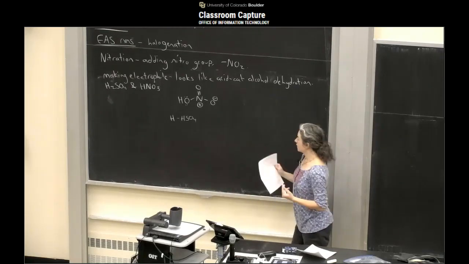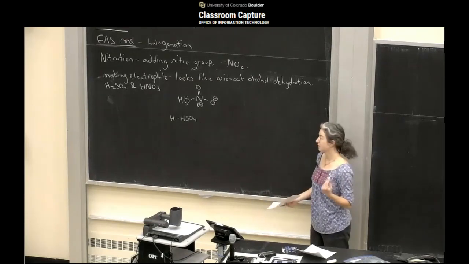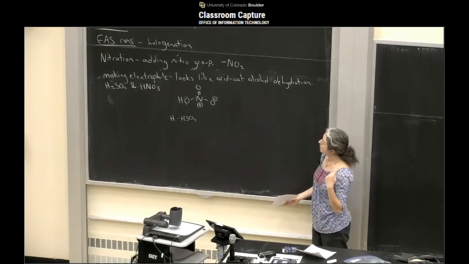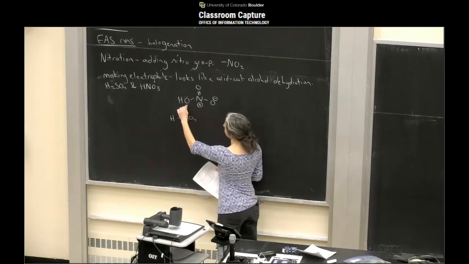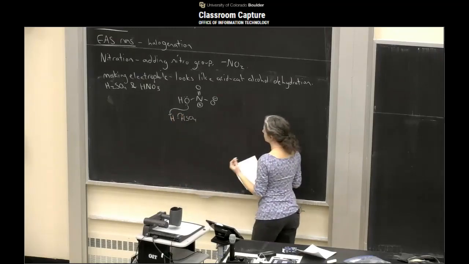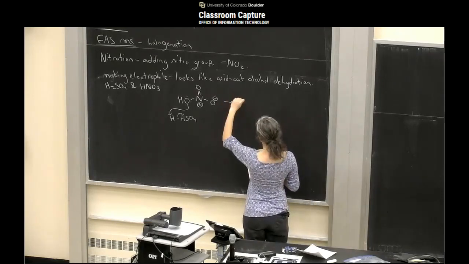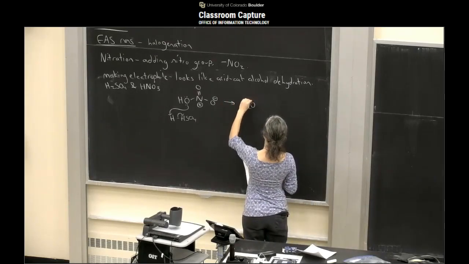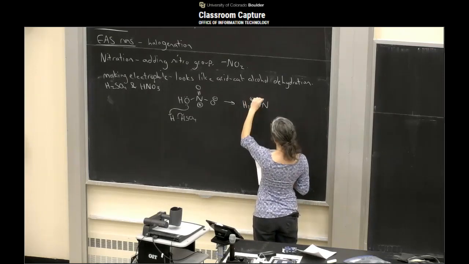This first step is going to look pretty much analogous to when we did acid-catalyzed dehydration of alcohols. The lone pair from the OH comes down and takes a proton from the proton source. Just like if we're protonating an alcohol group, we need to turn this into a good leaving group if we want to get rid of an H2O molecule.